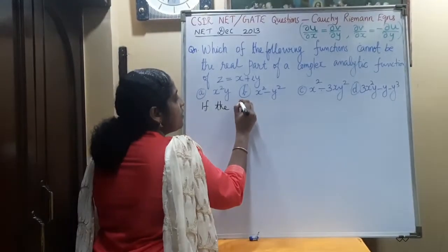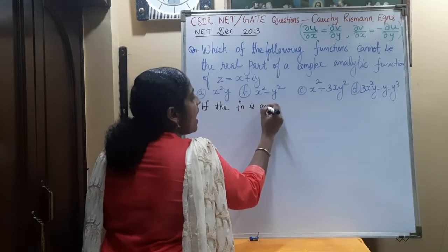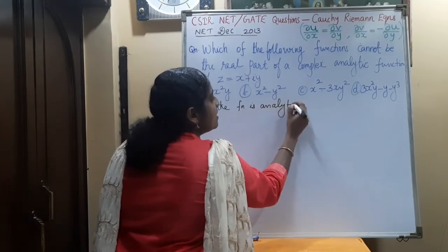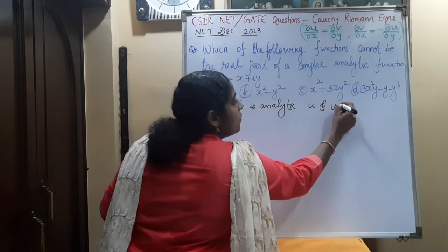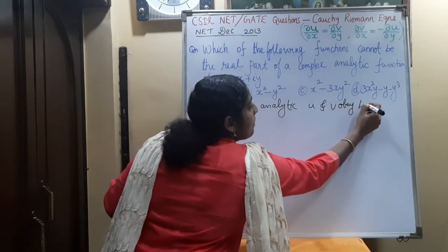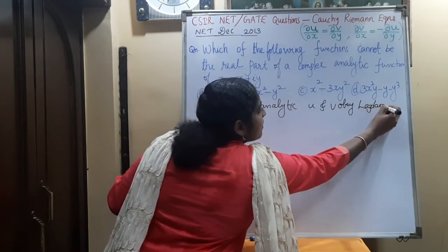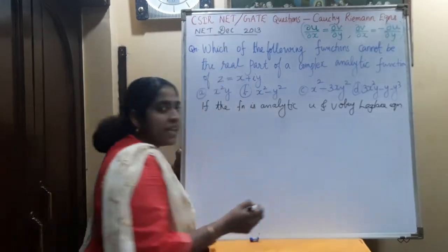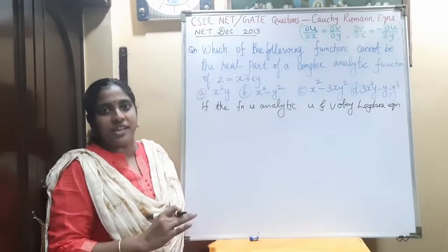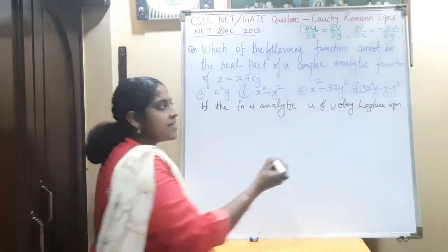If the function is analytic, then U and V obey the Laplace equation. That's why we said that U and V are harmonic functions, they are harmonic conjugates.